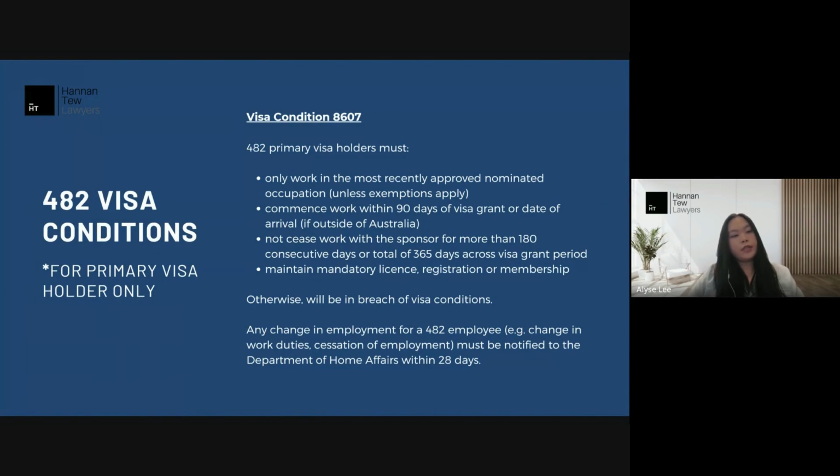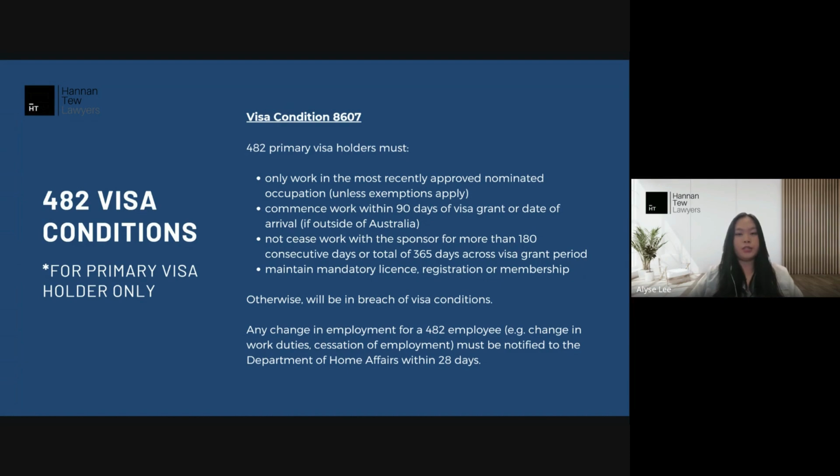So I'll go through the visa conditions as well. Visa condition 8607 will apply to the primary visa holder only. There are work limitations that they will need to comply with. They'll need to work only in their approved role, the occupation and role that was approved in their most recent nomination application, unless there's an exemption that applies.